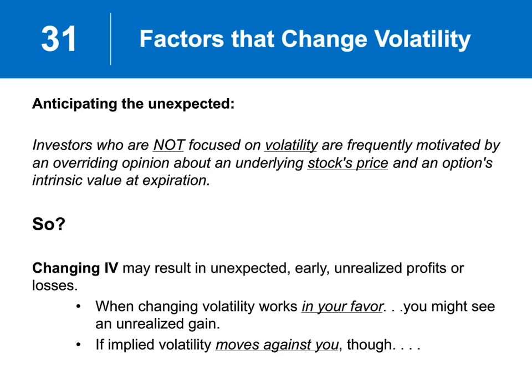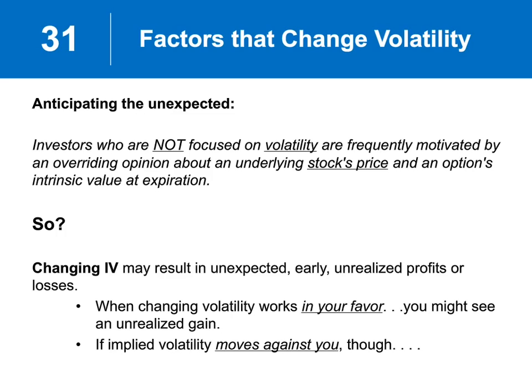So what did this guy do? Was he focused on volatility? No. Was he focused on the stock's price? Yes. And when did he say that the stock price was going to move in his favor? That last word, yes, expiration. And many investors using options have that in mind.